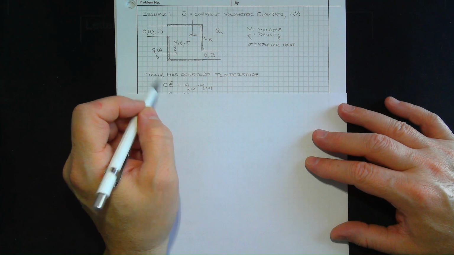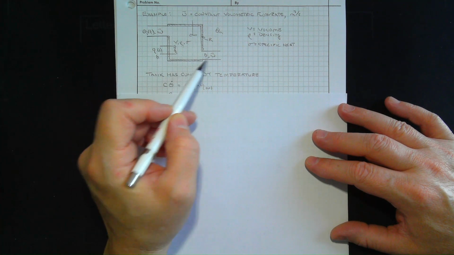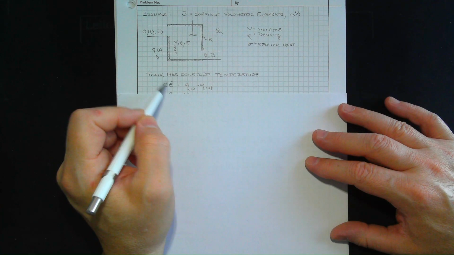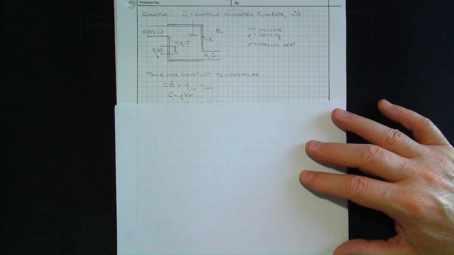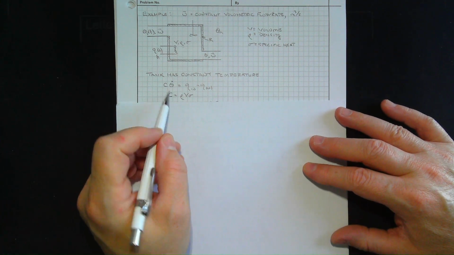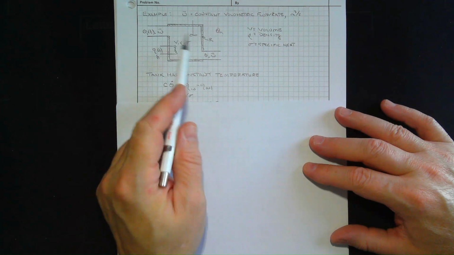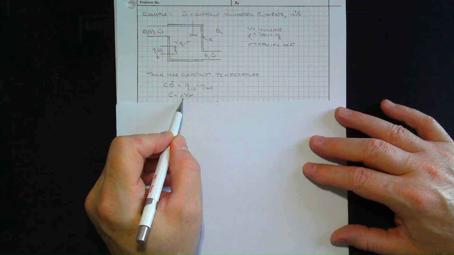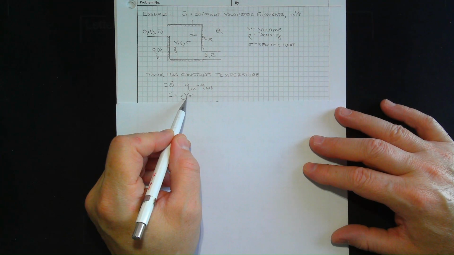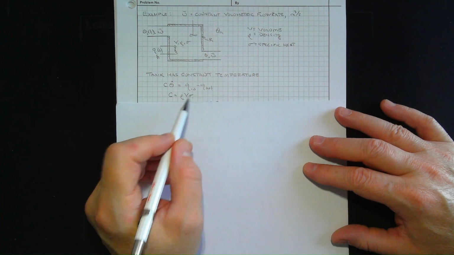So you would wind up having heat in equals heat out because theta dot should become 0. Capacitance for the material inside is the density times the volume times the specific heat.